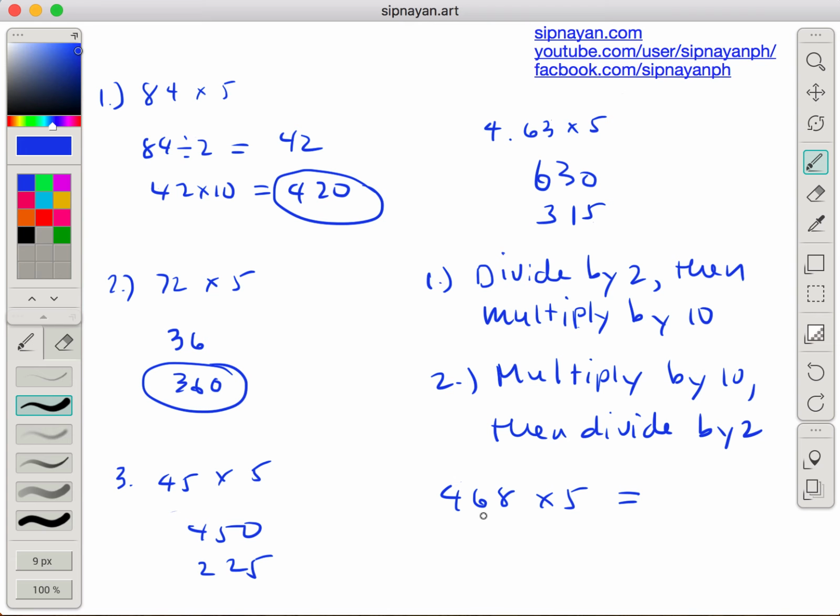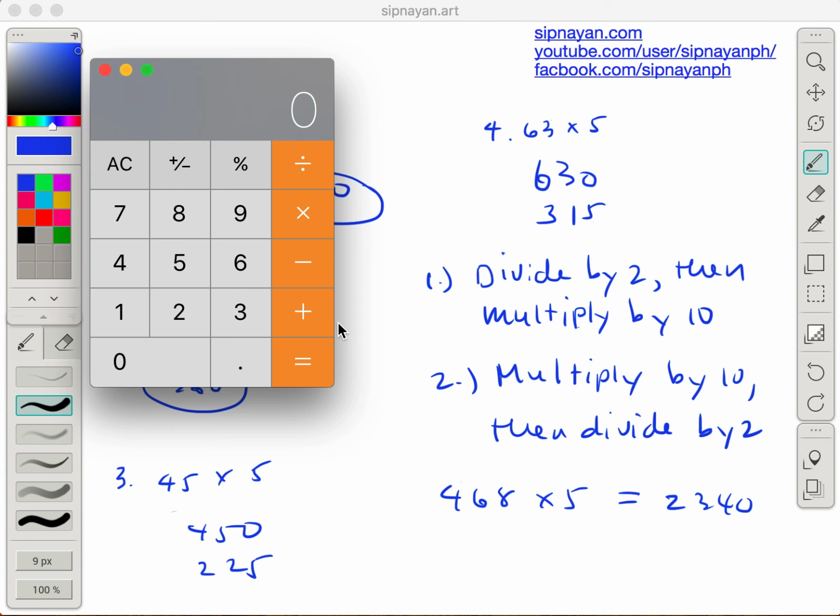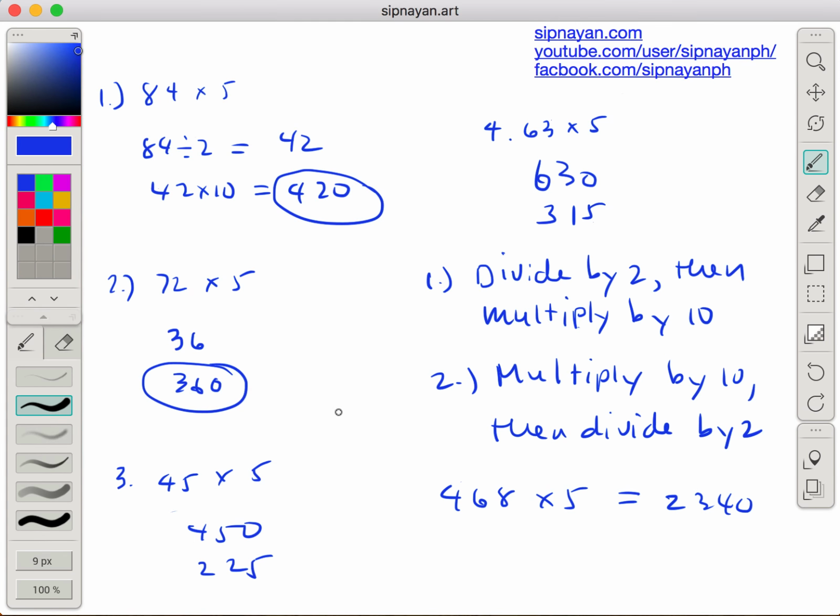So, 234 and then multiply by 10. 234 times 10 is 2,340. Pwede natin i-calculate, no? So, 468 times 5. Di ba? 2,340.